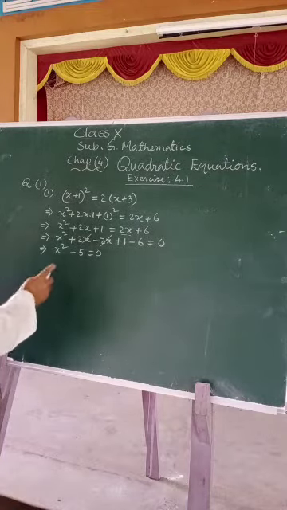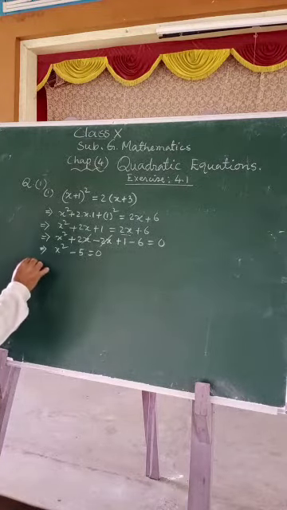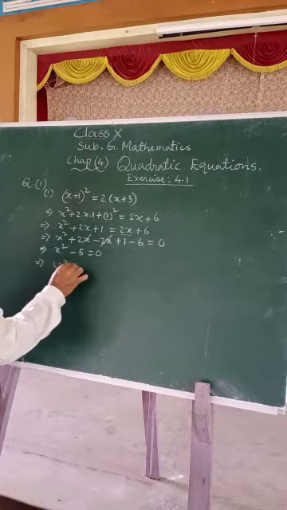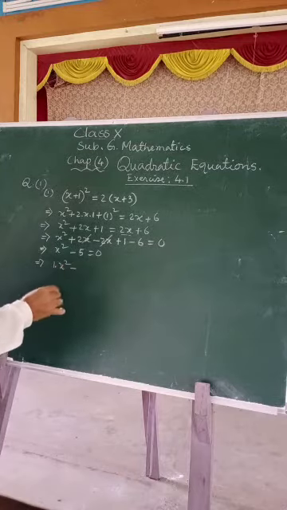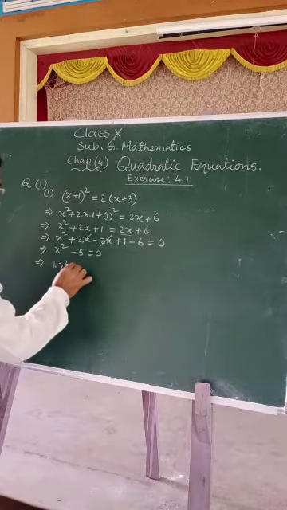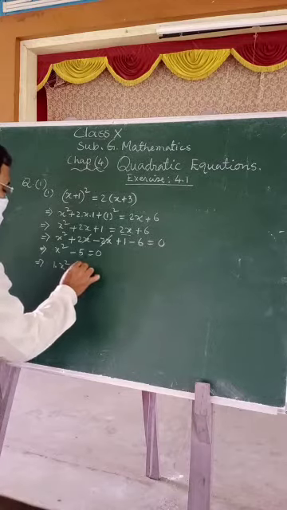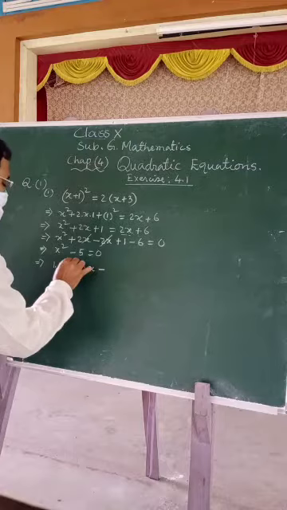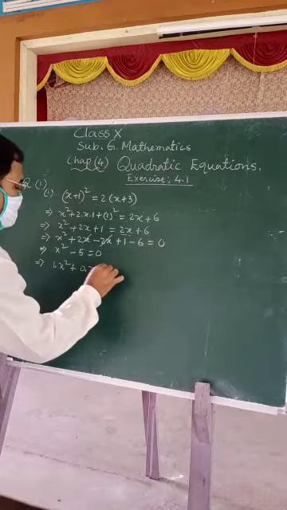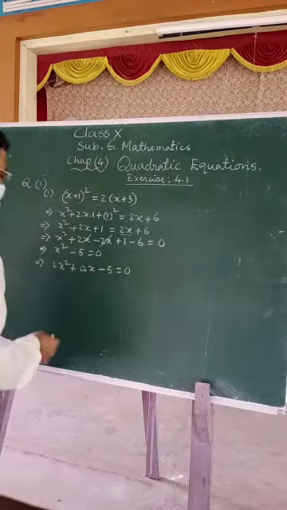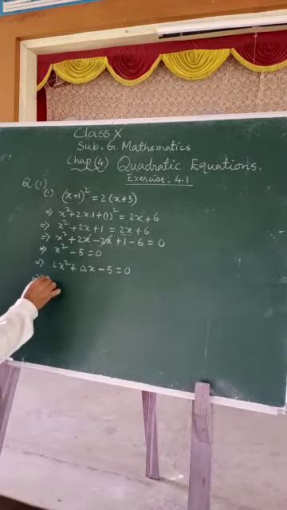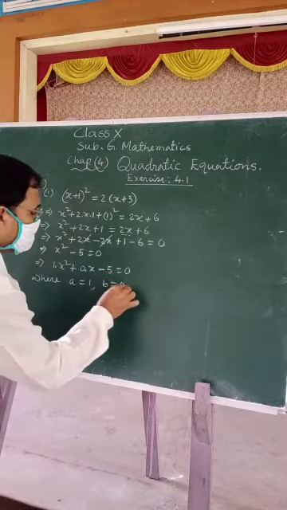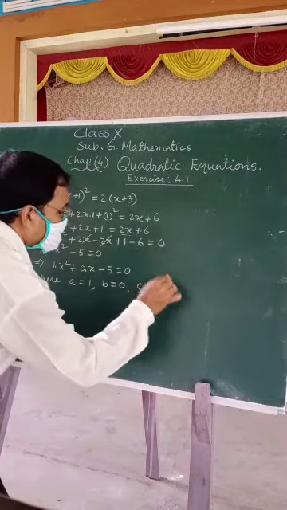We can write it as 1 into x square plus 0 into x minus 5 equal to 0, where a equals 1, b equals 0, c equals minus 5.